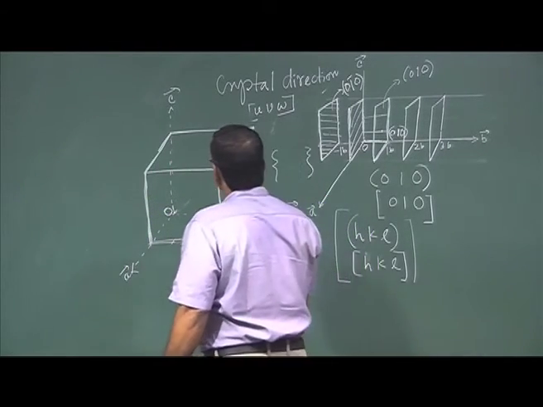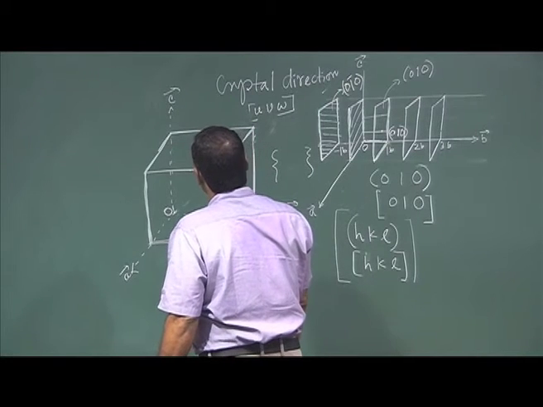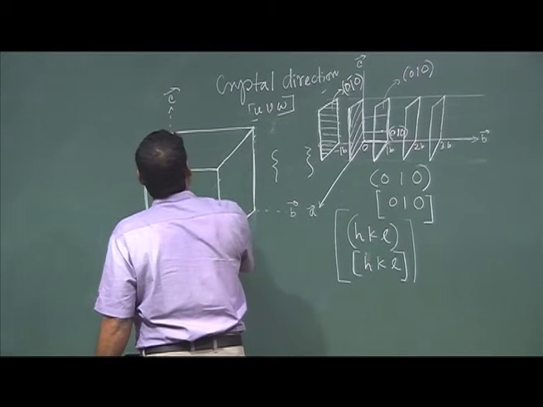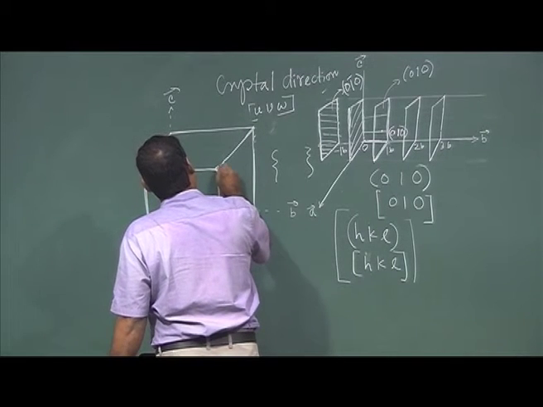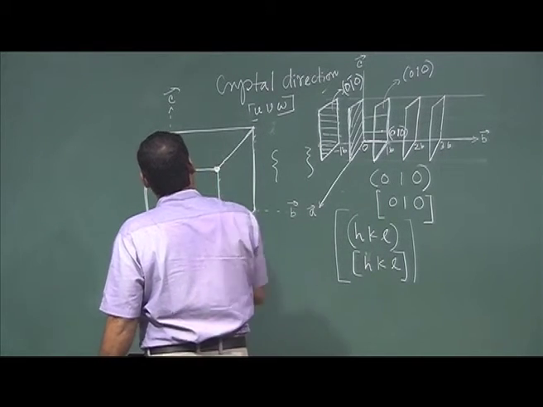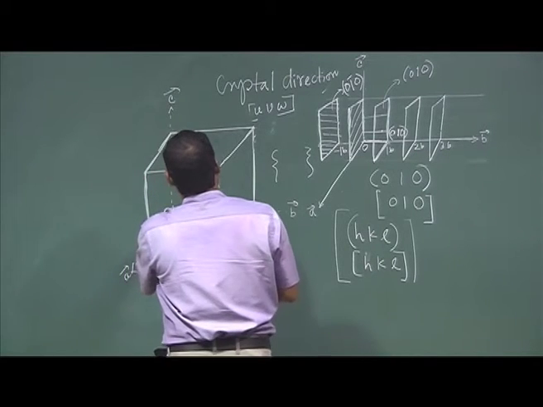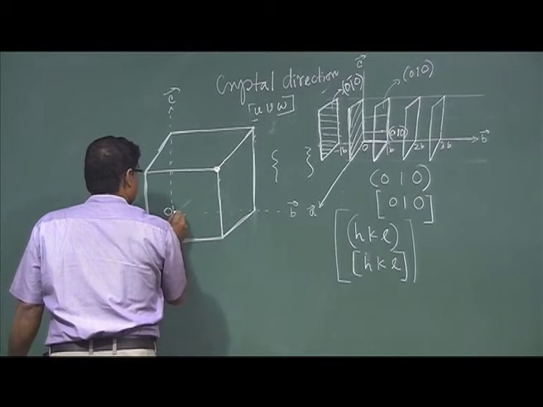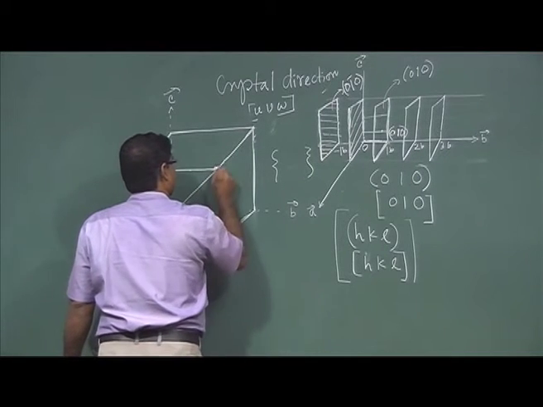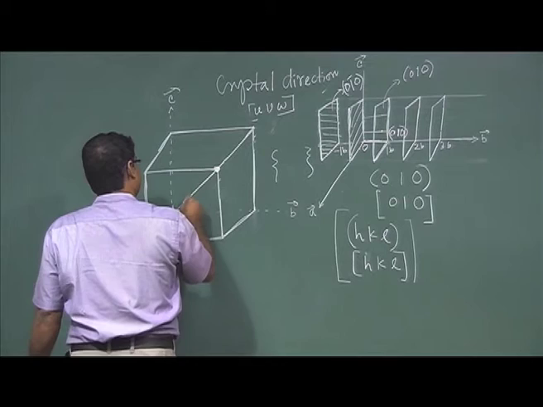So, if you take a point just along the diagonal, right. So, this is one corner, this is just the opposite corner. So, this will be the diagonal.